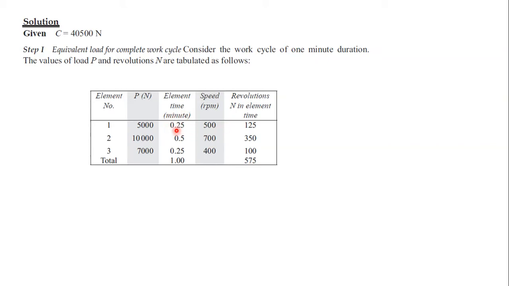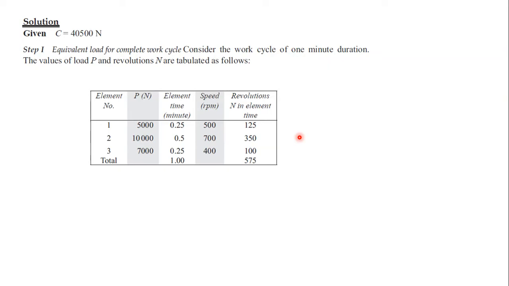To know that we have to multiply these two, element time and speed. So 500 multiplied by 0.25 is 125, 0.5 multiplied by 700 is 350, and 0.25 multiplied by 400 is 100. Below this is the total summation of these revolutions. This much revolutions have happened during the cycle.